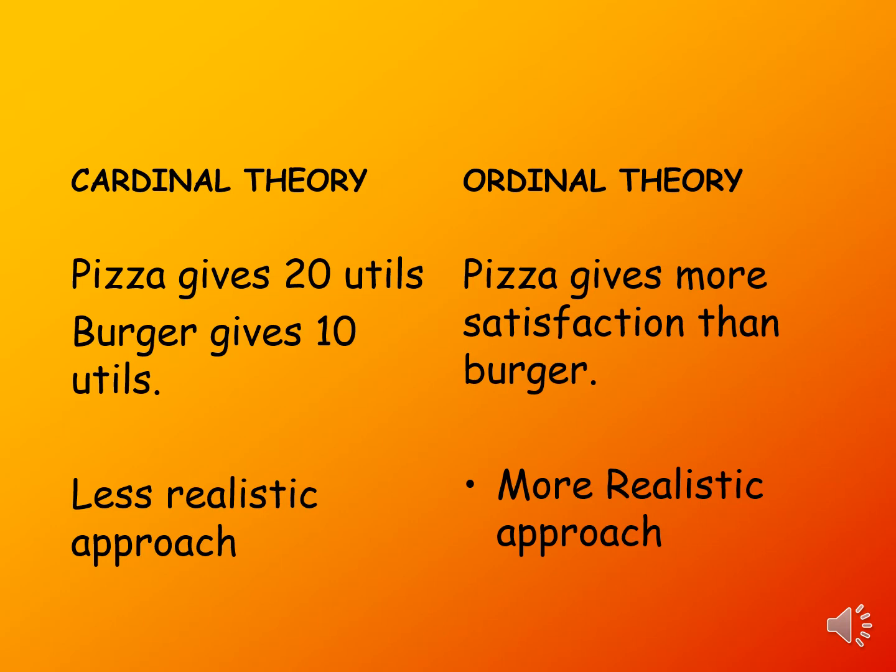Now in ordinal theory, the person will not be able to measure utility, but he will say which product gave him more satisfaction. And here it is written, pizza gives more satisfaction than burger. So in cardinal theory, he has measured utility, and in ordinal theory, he has ranked the products according to the satisfaction derived. That is, pizza comes in the first rank and burger comes in the second rank. And we can see that cardinal theory is a less realistic approach and ordinal theory is a more realistic approach.